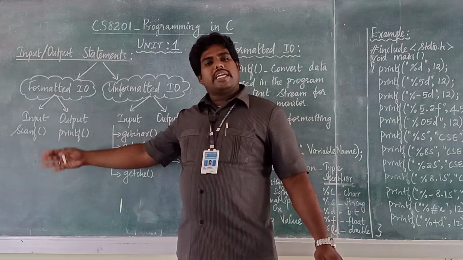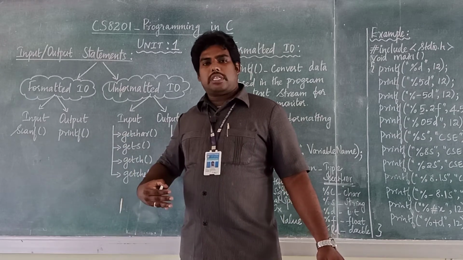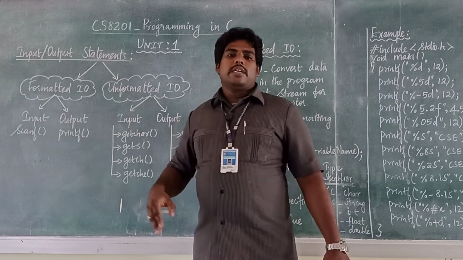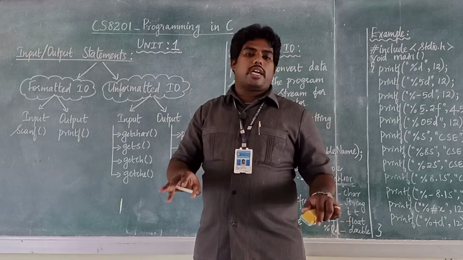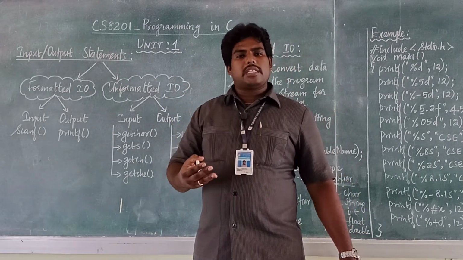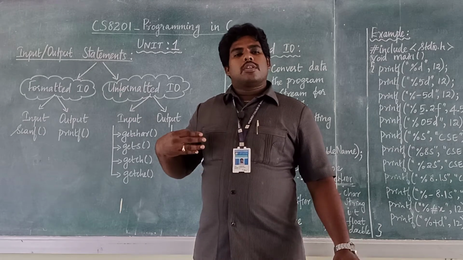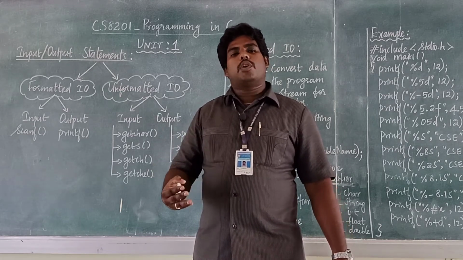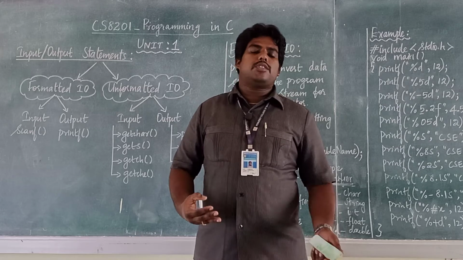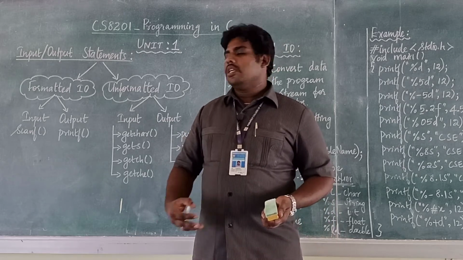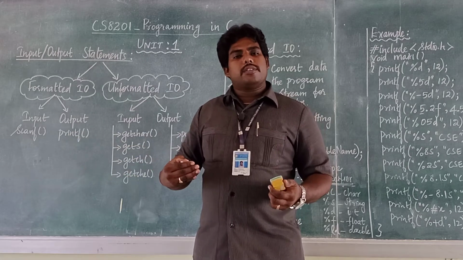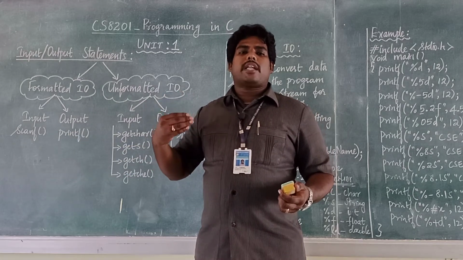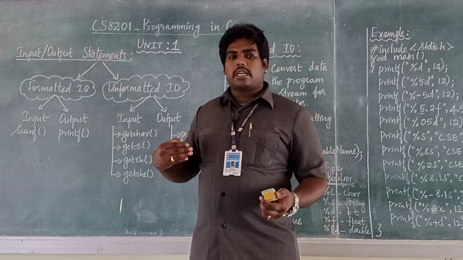Scanf is used to get the input from the user through the keyboard. While writing the program we are not giving the input; while executing the program we give the input through the standard keyboard. Similarly, printf is used to print the program data to the output screen.